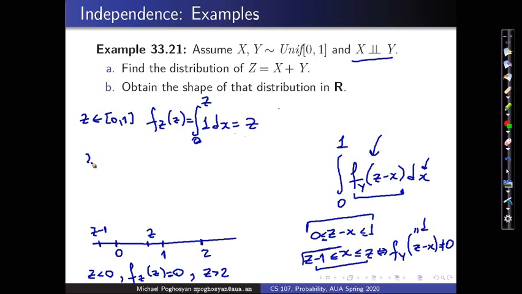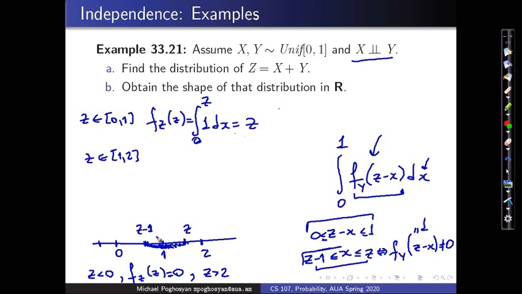If z is between 1 and 2, say I am erasing this, and writing the second case. Say z is here. This is z minus 1. My function is 1 here and 0 outside, but I am integrating from 0 to 1.